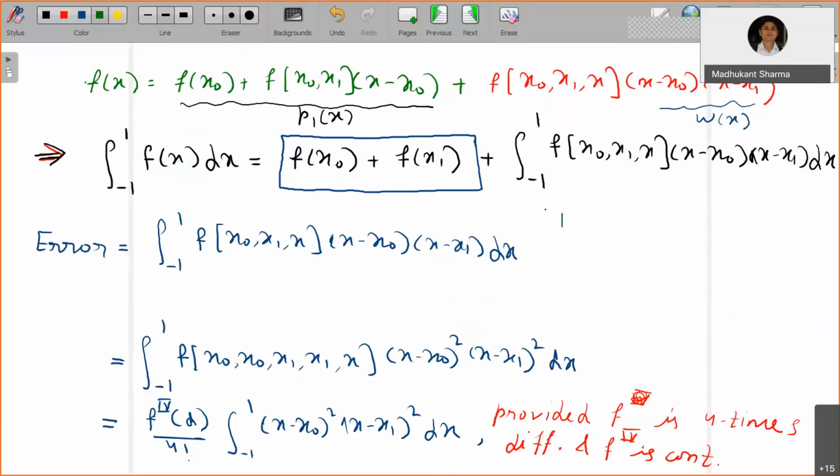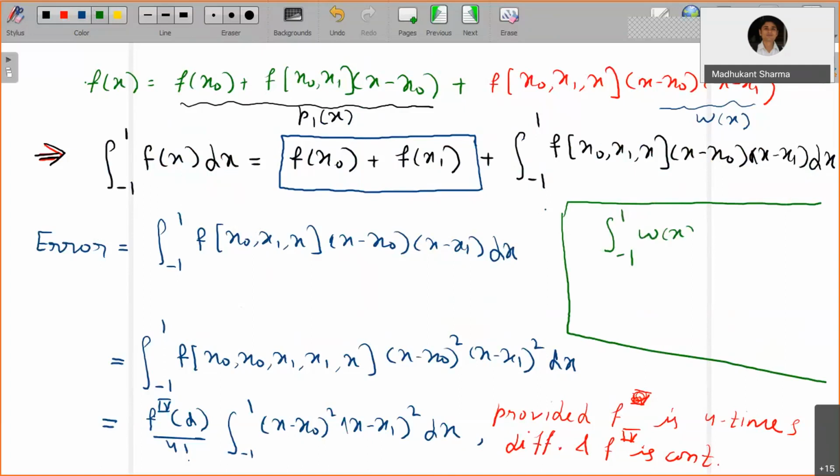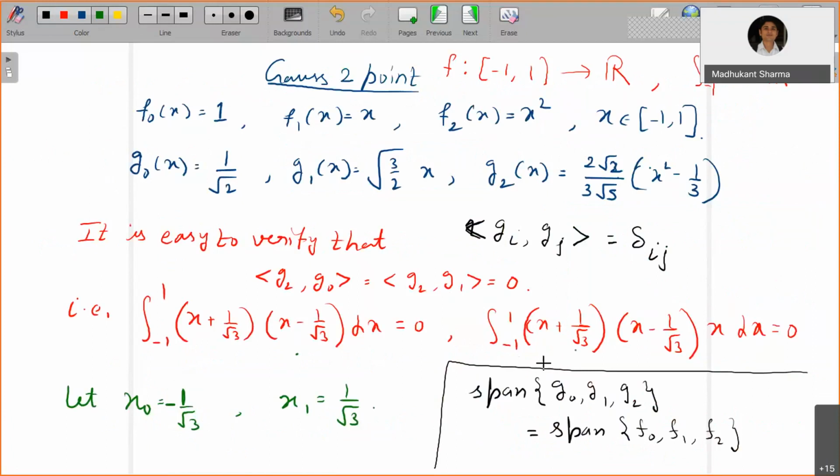If you look back, it can be easily verified that the integration from -1 to 1 of w of x times x to the power j dx is equal to 0 for j equals 0 and j equals 1. This is not true for any interpolation points. This is only true for the interpolation points which are Gauss points. If you go back and check, this will verify what we have stated just now.